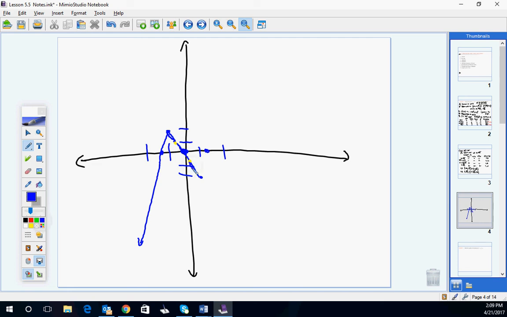And then this turns back to concave up, like so. Then it's just going to go that way. So our points of inflection are there. Oh, and 0 as well. So those 3 spots are your points of inflection.